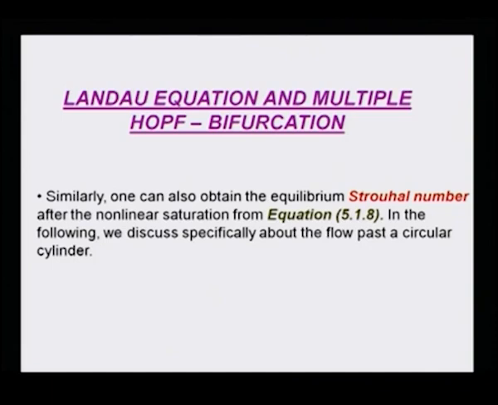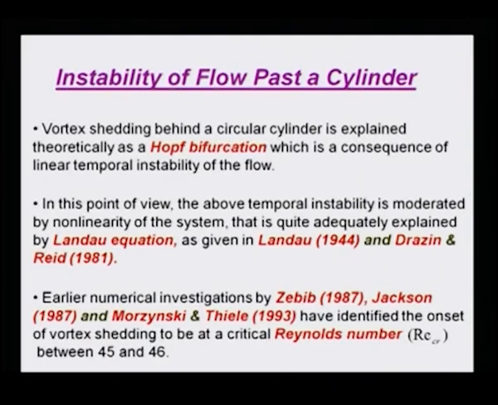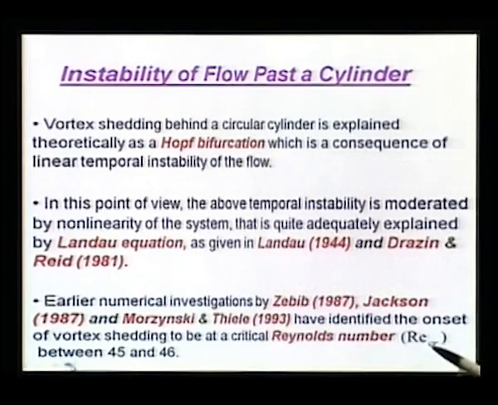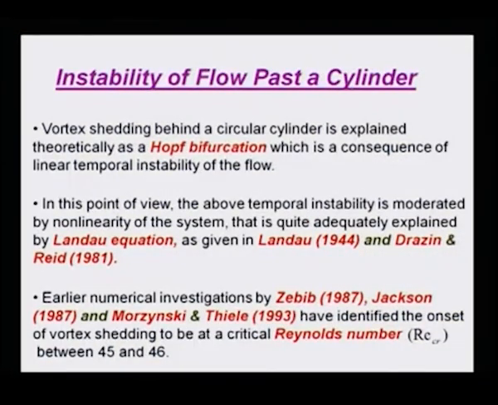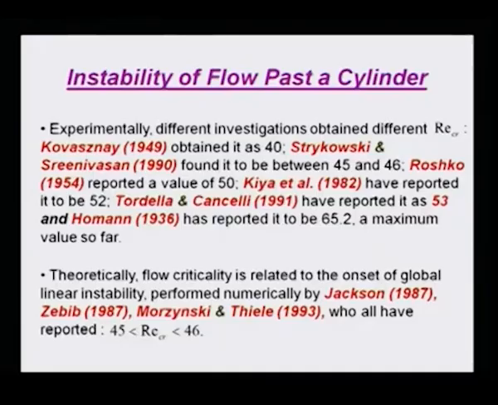So, now one can collect the data, and a lot of people in fact emphasize this aspect. Now, this is something that we need to really talk about, that earlier numerical investigations by various groups identified the vortex shedding at a critical Reynolds number of 45 and 46, but this was indeed not the case that we reported with respect to Hohmann's experiment, and we did talk about all of this, the whole range of values experimentally produced.